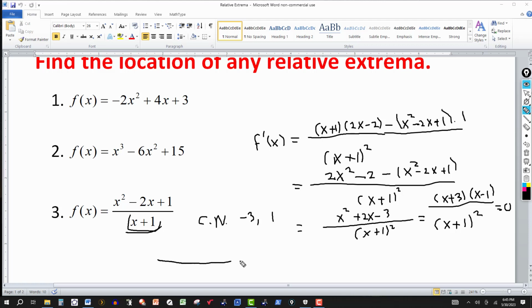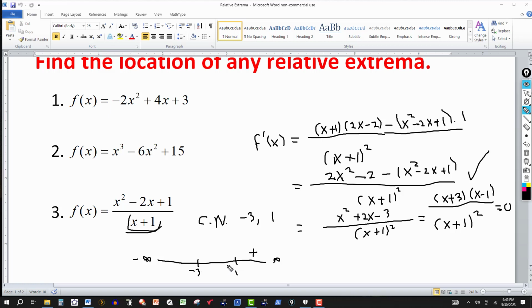So with that in mind, we plot the negative 3 and the 1. Infinity over here, negative infinity over here. So pick a number larger. Let's go back, look at the numerator here. The denominator is always positive, so we just ignore that. To the right of 1, we pick, say, 2. The derivative is positive, so it's positive in here.